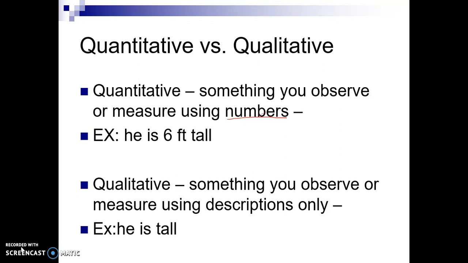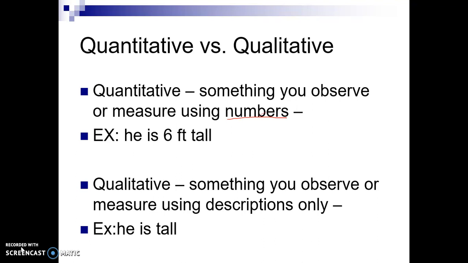For example, if you are looking at a moving car, you say that the car is moving with a speed of 60 miles an hour. This data has a number, 60 miles an hour, so that is quantitative data. The main thing is, if there are any numbers involved, you call that data quantitative.